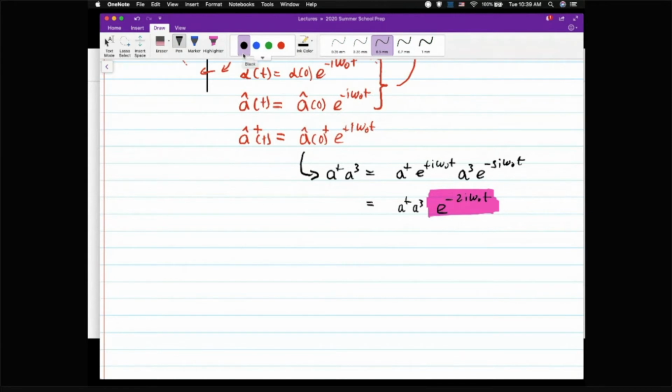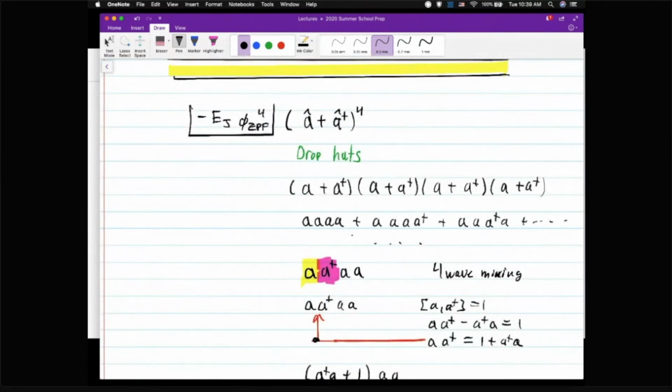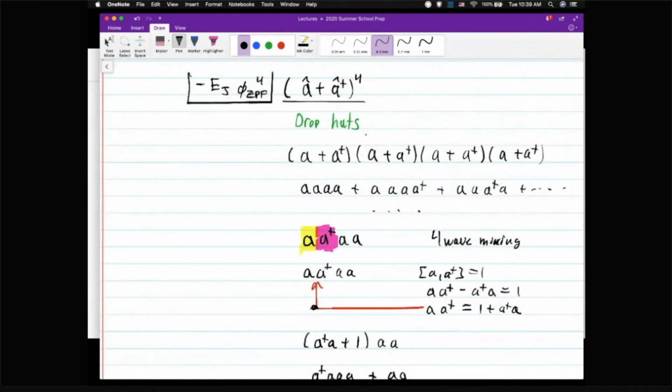Now consider a term that looks different, a term that looks like this, A dagger squared A squared. Again, these are all the possible terms that can come from the expansion of the fourth power of A plus A dagger, which seems simple enough, but you'll notice that it creates every possible combination between A and A dagger, and with some multiplicity.